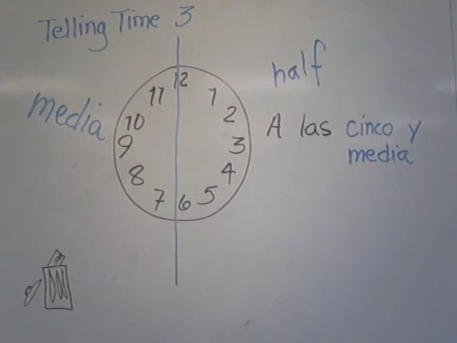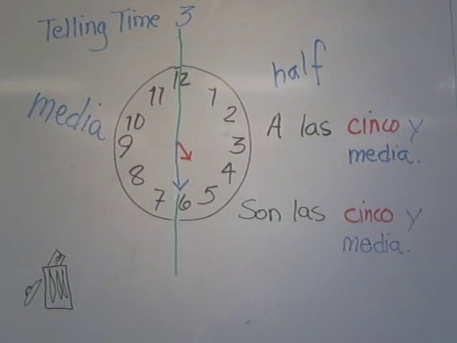Or if it's 5:30 right now, I would say, son las cinco y media. It's 5:30. Literally, there are 5.5 hours. So this is another way we can say 5:30. And people usually use this when they're using an analog clock.